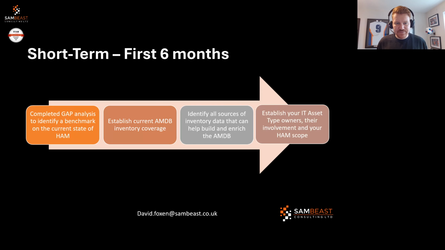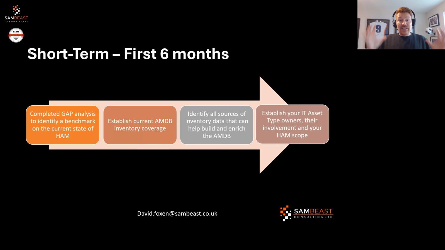We're looking at all of that and then building out a plan to mitigate those gaps and build up that inventory coverage percentage. So gap analysis, establish your current AMDB inventory coverage percentage, identify all sources of inventory data that can help enrich and build your AMDB as well. Something that sounds easy on paper, but when you're in a business and organization, can actually be quite tricky going out and trying to establish, okay, what technologies manage what, how do we plug that in here, how do we get reports from it, do InfoSec have the reports that we need, security, networks, the infrastructure team?